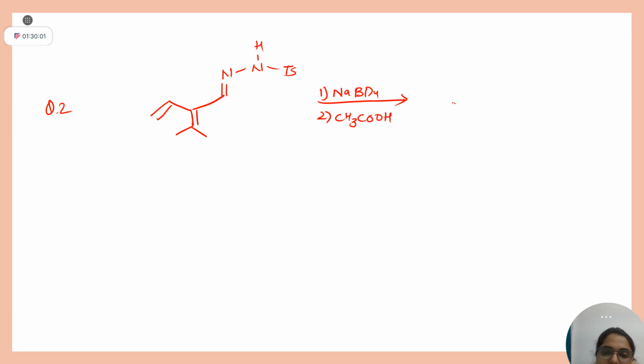Sorry, H. Let's write here P. Tell them the product P. Can anyone tell me? Okay, let's solve this one by one. One thing is clear, this will protonate it. Now this BD4 means D minus will attack here, and what you will get?